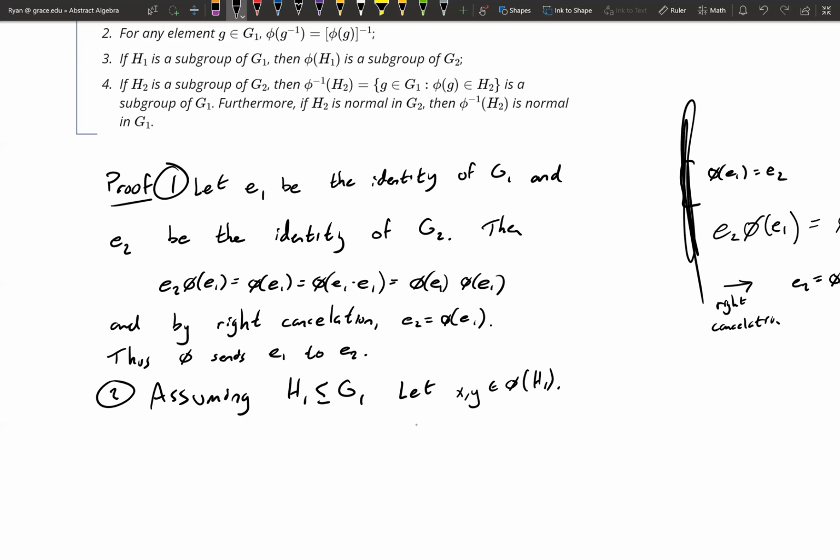Now, what does that mean about those elements? What can I say about X and Y? What does it mean about X and Y if they're in phi of H1?